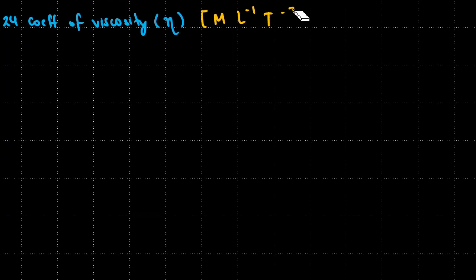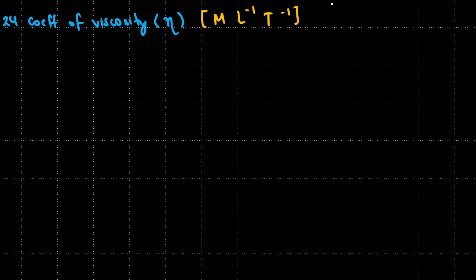Now let's talk about coefficient of viscosity. It is represented by the symbol eta. It looks like an N, but the right side is elongated and curved. Its dimension is M L minus 1 T minus 1, and here the simplest formula is also kind of complex.